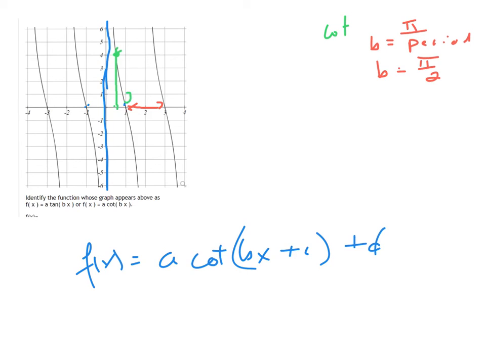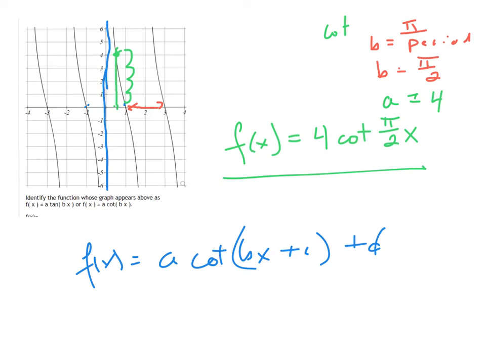So I went up 1, 2, 3, 4. So my a is going to be equal to 4. So my function is going to be equal to 4 cotangent of pi over 2 x, with c is 0 and d is 0, so that is my function.